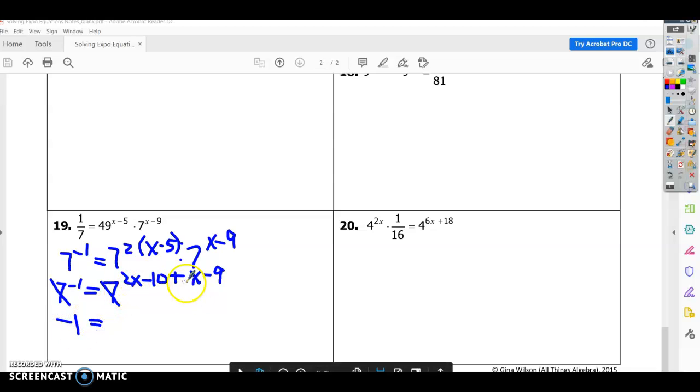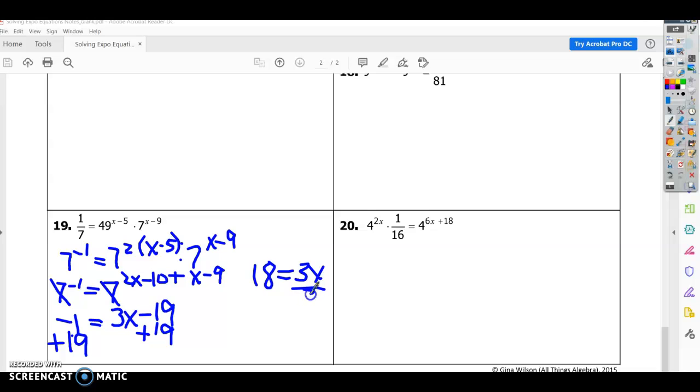I'm going to have 2x and 1x are on the same side, so I combine like terms. -10 and -9 is -19. If I add 19 to both sides, I get 18 equals 3x. I'm trying to get x by itself, so divide by 3. X equals 6.